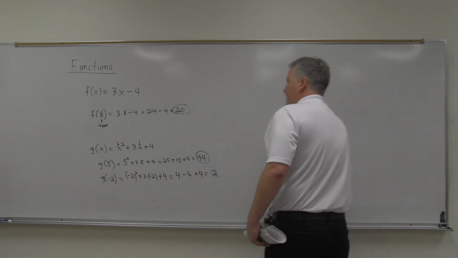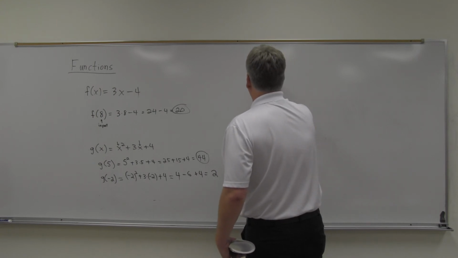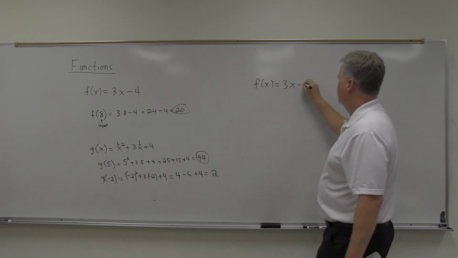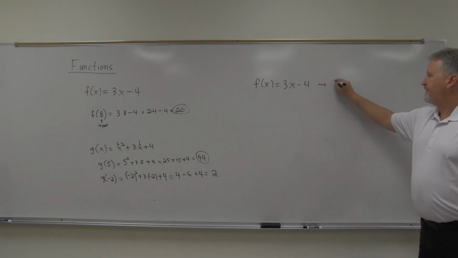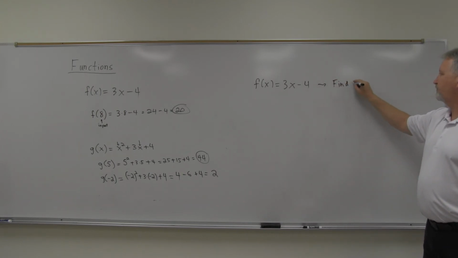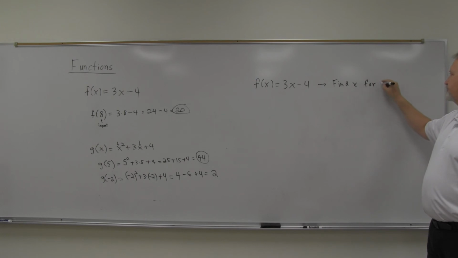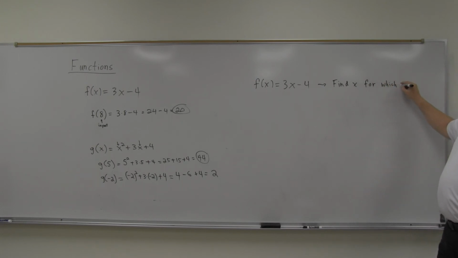Now, let's go back to f of x equals 3x minus 4. This one. Okay, one other thing I'll ask just here. Let's find x for which f of x equals 9.